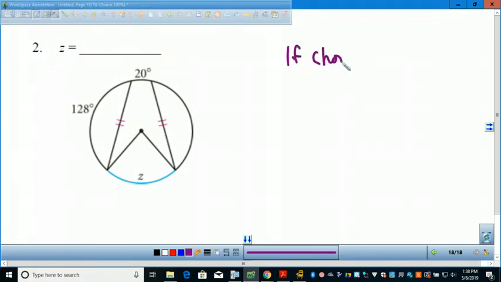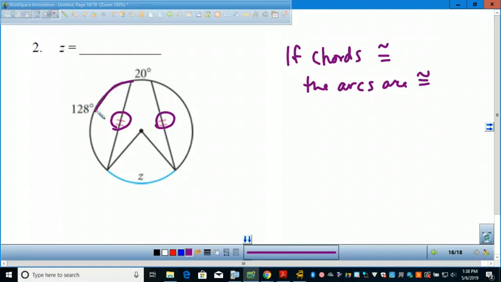If the chords are congruent, not only are the central angles congruent, the arcs are congruent. So if this matches this, then this is 128, and this will be 128. It has to equal 360. Yeah, that's right.